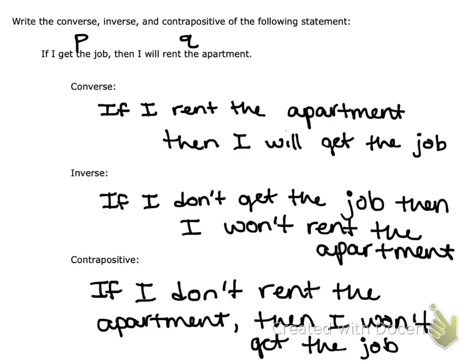Okay, so this is tricky, and they would like us to not say won't here, and instead say I didn't get the job. I think that is a little poor.